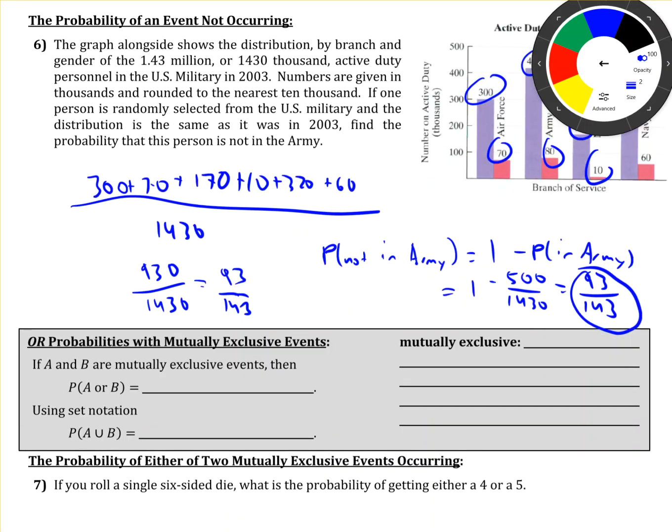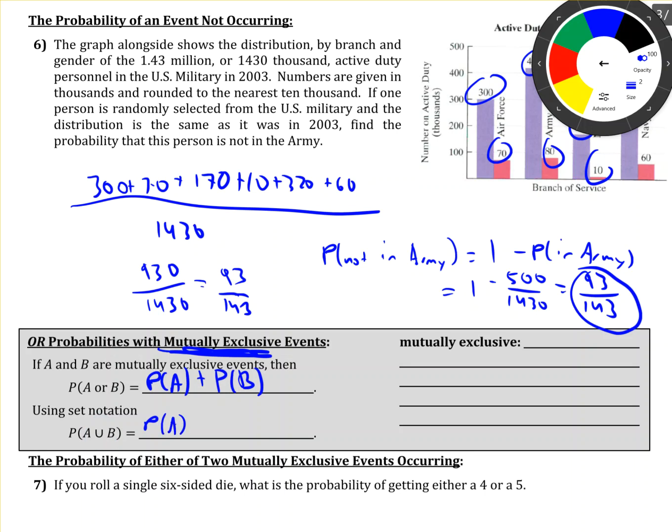All right, so if A and B are mutually exclusive events, we just get to add the probability of A and the probability of B. That's only if they are mutually exclusive. If they can't both happen at the same time, that's what it means to be mutually exclusive. If one happens, the other one doesn't happen. Similarly, in set notation, the union represents or.